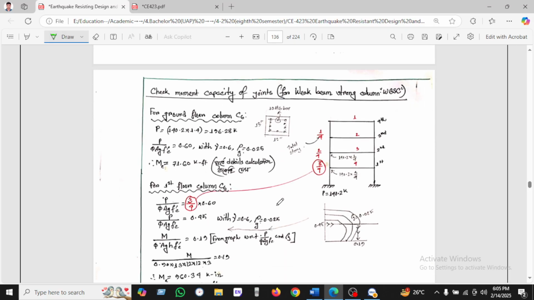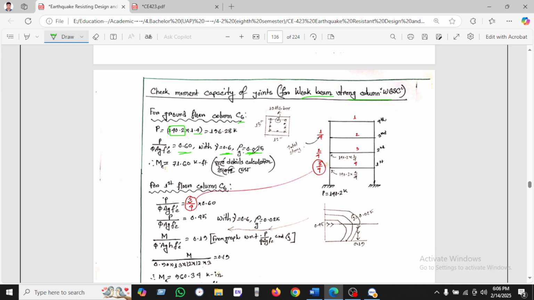Okay, now we check the moment capacity of the joint, which is the weak beam, strong column condition. For the ground column C6, P is found from dead load, live load, and floor finishing and partition, multiplied by 8. In the same way we found gamma is 0.6 and rho will be 0.06.